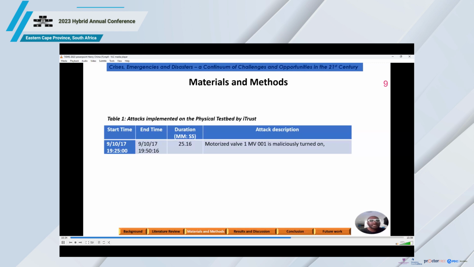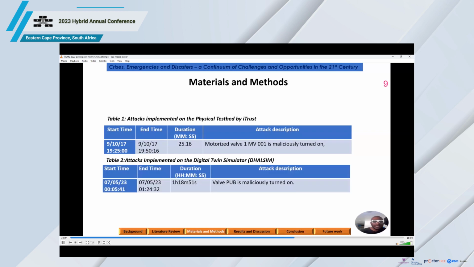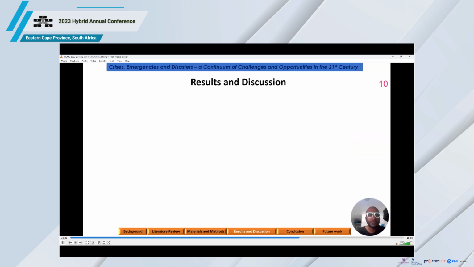Now, for the attack, the first attack that was implemented was shutting down a valve maliciously. This attack occurred for 25 minutes, and the same attack was also implemented on the digital twin for 1 hour 18 minutes. So a valve which is available on the physical twin is also mimicked on the digital twin to see how it performs.